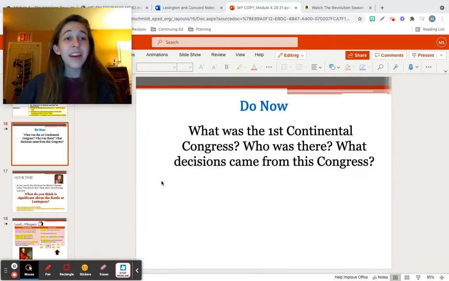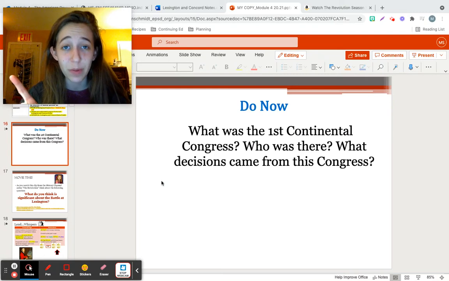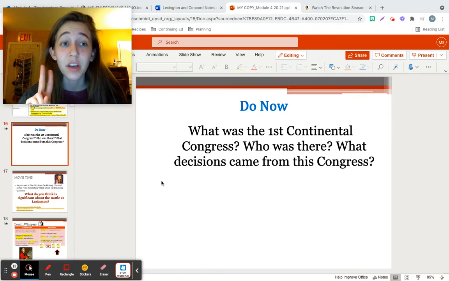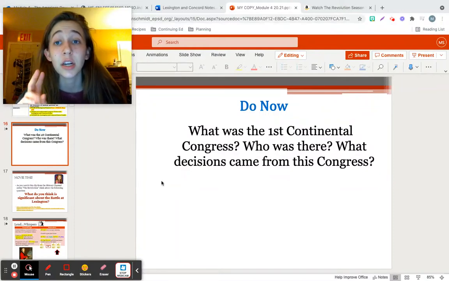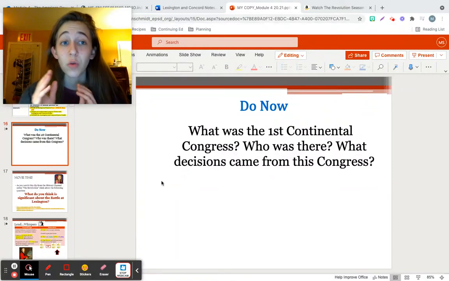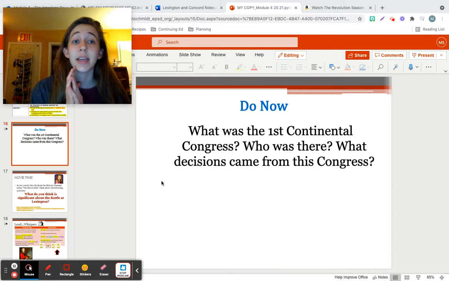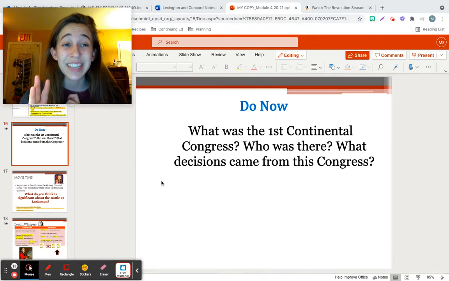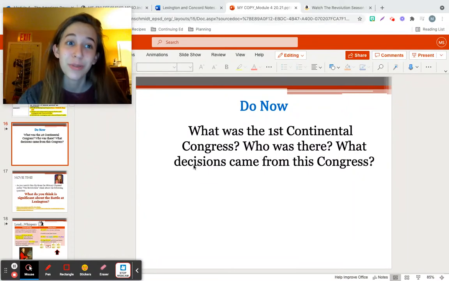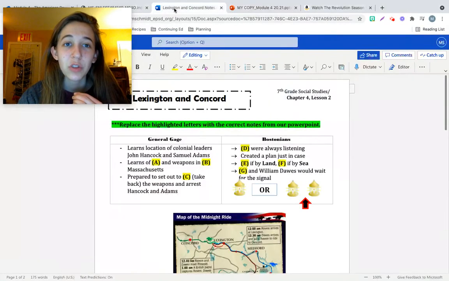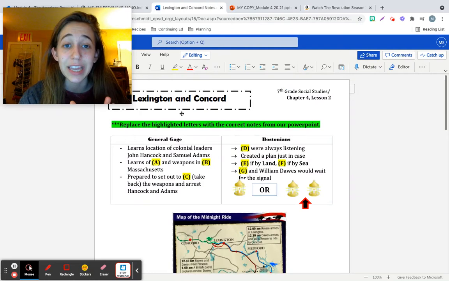You should have your module textbook, either your digital PDF version or your hard copy. And you should have the Lexington and Concord notes from the assignment that you got this video from. Those notes, just as a reminder, should look like this. So those are the three things you need.